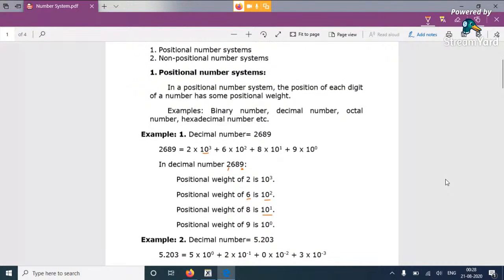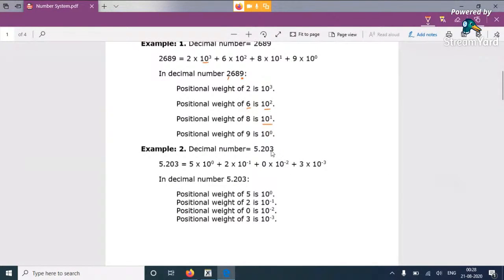Next example, I am taking the decimal number 5.203. We can rewrite this expression like this: 5 into 10 to the power 0 plus 2 into 10 to the power minus 1 plus 0 into 10 to the power minus 2 plus 3 into 10 to the power minus 3. In this decimal number, what is the positional weight of this 5?